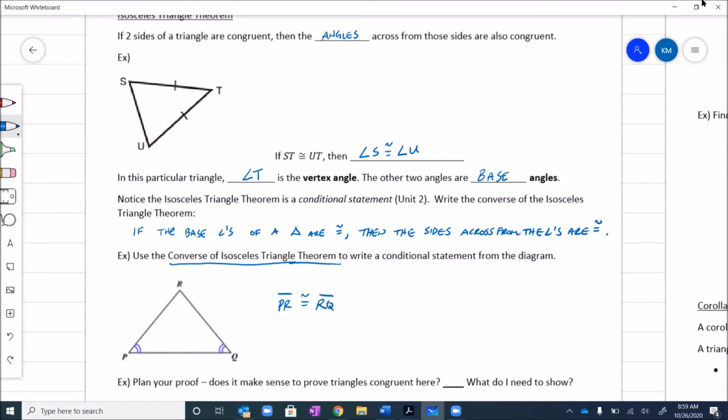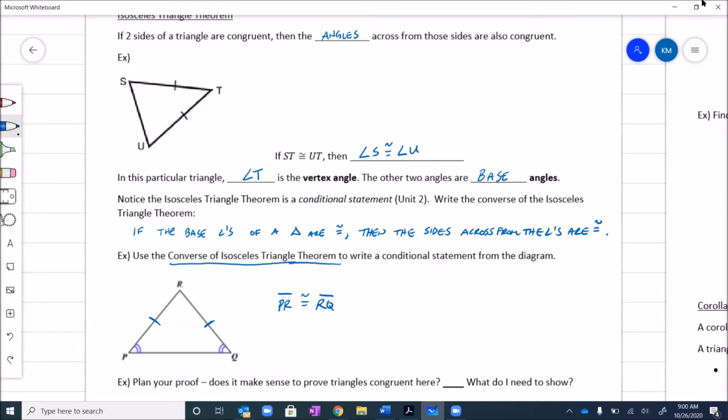Maybe I should say QR, okay? And then if we wanted a reason for that, we'd say the converse of the isosceles triangle theorem. So the isosceles triangle theorem says if we have the sides, then the base angles are congruent. The converse says if we have the angles, then the opposite sides are congruent.